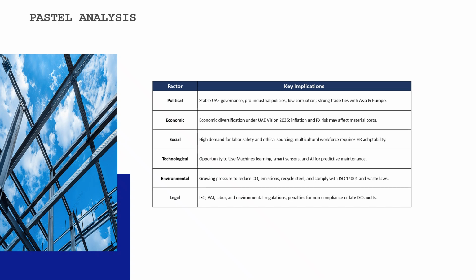Economic, there is a proper vision for the UAE for 2035 for economic diversification. Plus, there is inflation risk and exchange risk. On the social side, we are talking about HR, labor safety, and ethical sourcing. For technology, there is opportunity for smart sensors, machine learning, and using AI in the business.